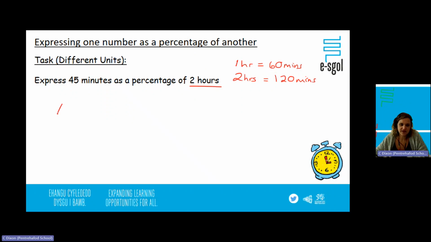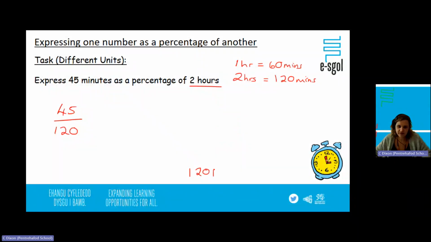So when you go to do this, you should have been doing 45 divided by 120. Now looking at that, I'm thinking, okay, I can make it smaller by dividing by 5, but I don't think I'm going to be able to get to 100 that way. So I'm going to do the bus stop method with this one.